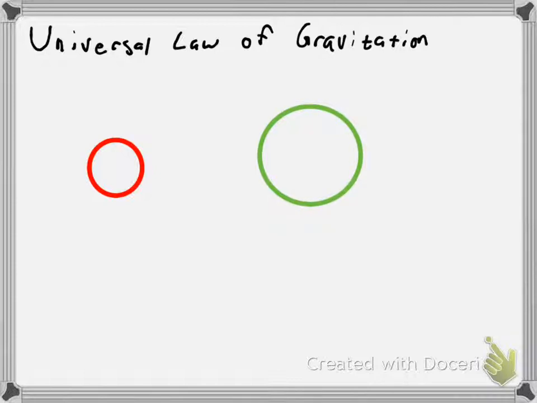and if we know the mass of these two planets, let's call them A and B, and if we know how far apart the planets are from their centers, call it distance D, then we should be able to compute the force of gravity between them.